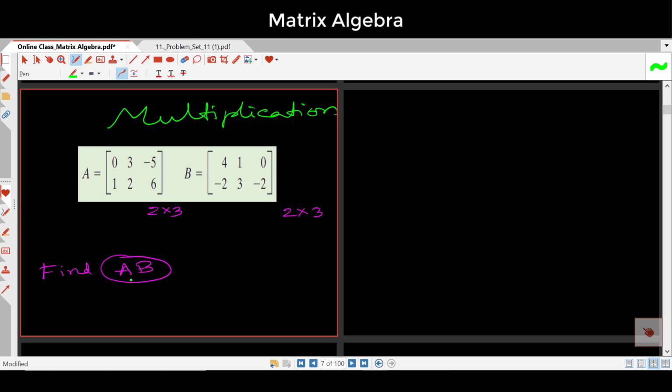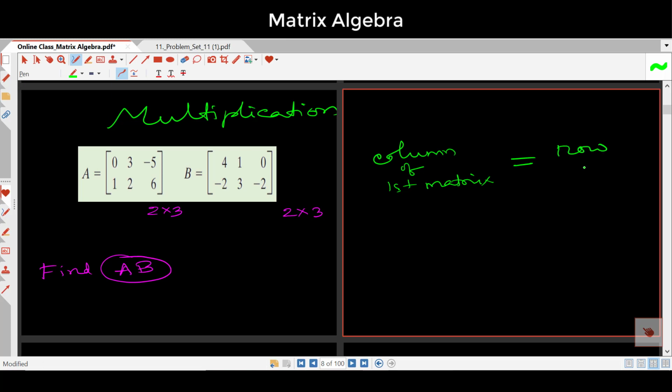So multiplication rule of two matrices says that the column of first matrix should be same as the row of the second matrix.